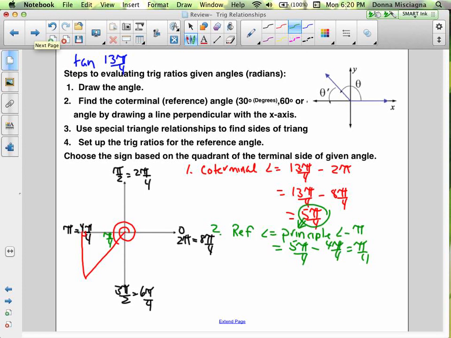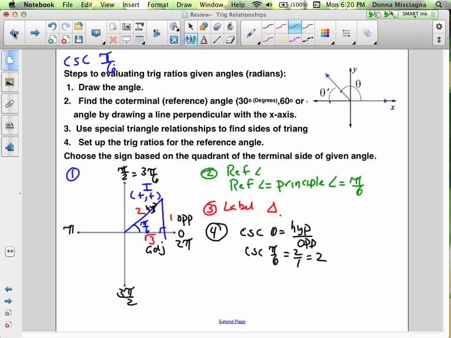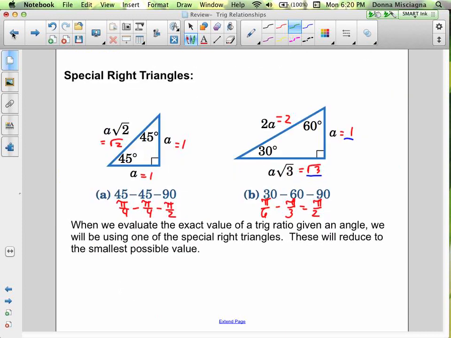Now we can label the triangle. Remember, pi fourths is the same as 45 degrees. So this is a 45, 45, 90. The legs are 1. The hypotenuse is the square root of 2.